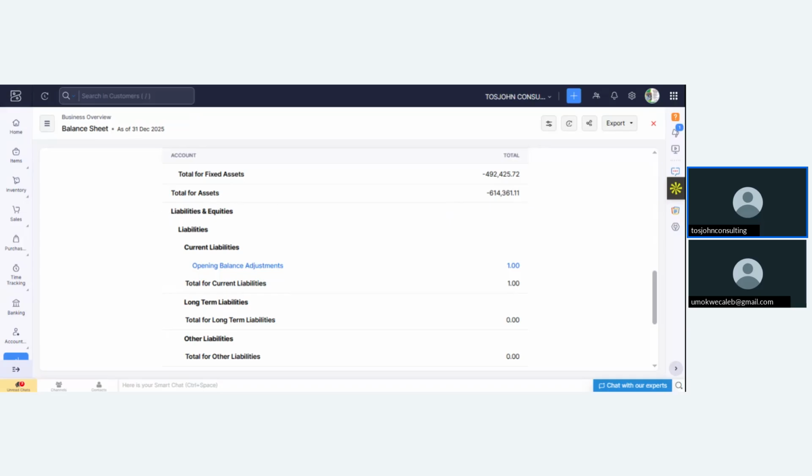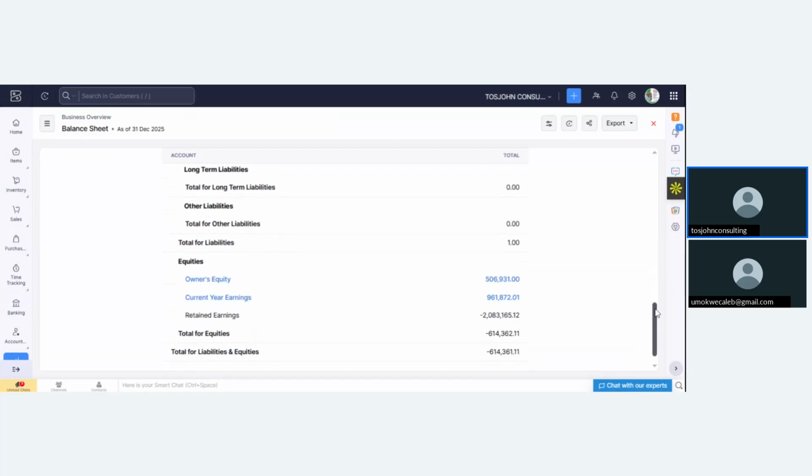After the assets, you have liabilities and equity. So you have liabilities, as we have current assets, we also have current liabilities and non-current liabilities, that's long-term liabilities, right? So you can see what we have under liabilities, current and then long-term liabilities.